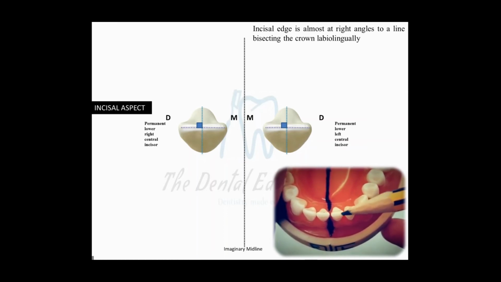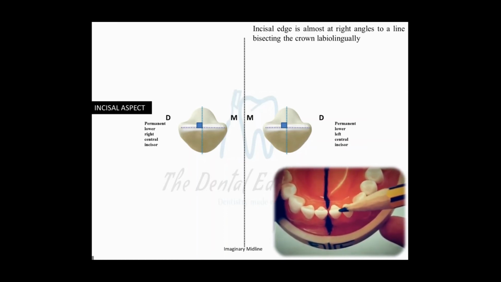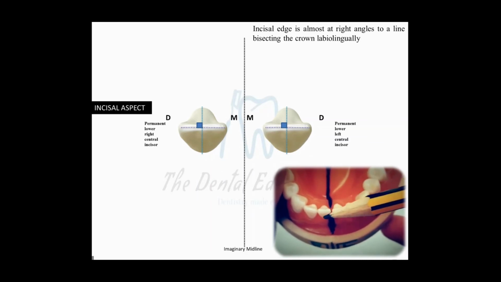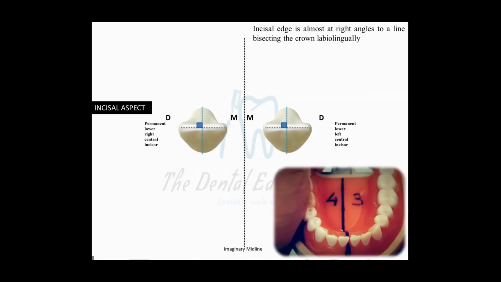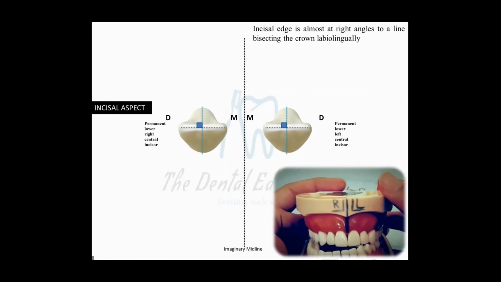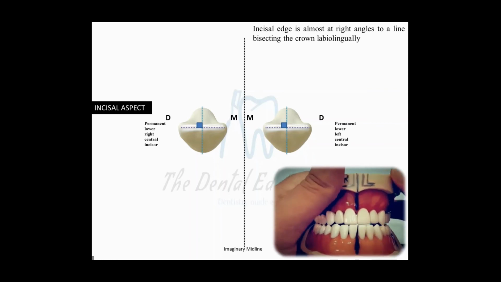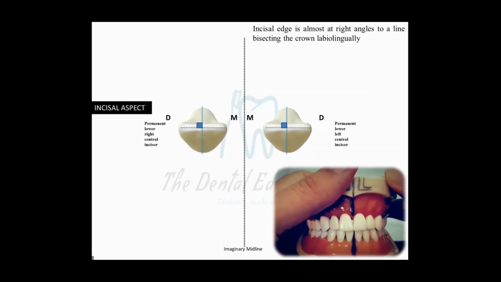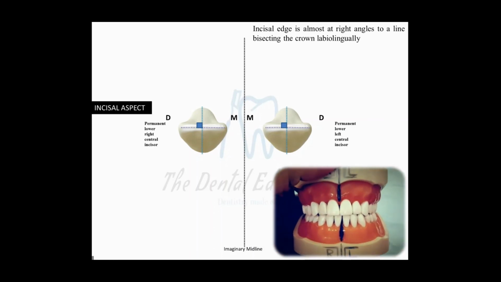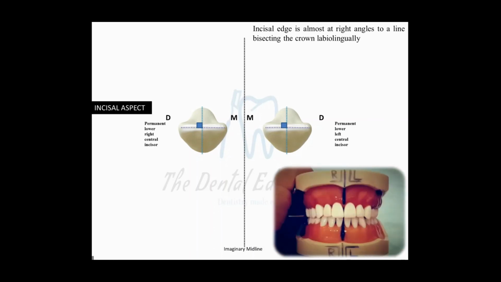If you make a straight line, it cuts the imaginary labiolingual line at 90 degrees. So when you make an incisal ridge line and then a labiolingual line, you can see they cut each other at a 90 degree angle on the incisal view for the mandibular central incisors.